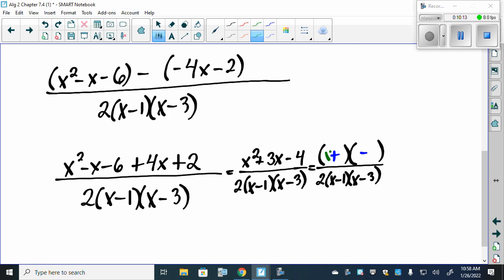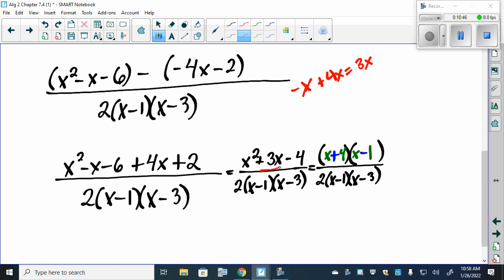Factors of x squared are x and x. And what factors of 4 would we use? 1 and 4. 4 would be positive, and the 1 would be negative. And if we wanted to check this, we can, because x times negative 1 would be negative x. 4 times x is going to be plus 4x, which would give us a positive 3x for the middle term, which was what we wanted.